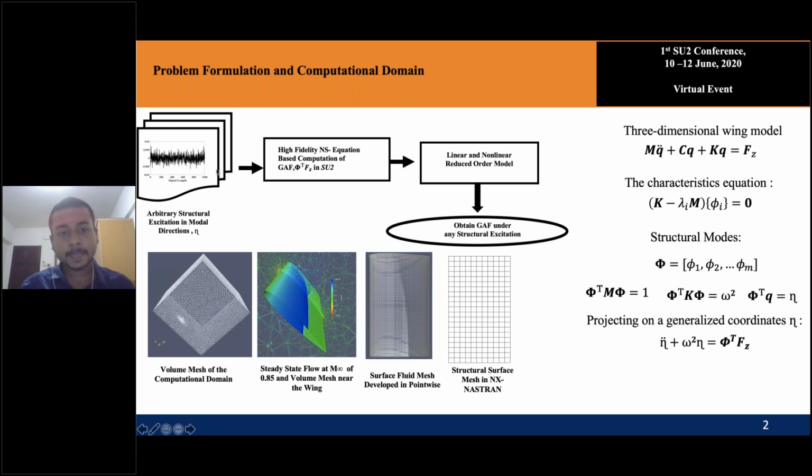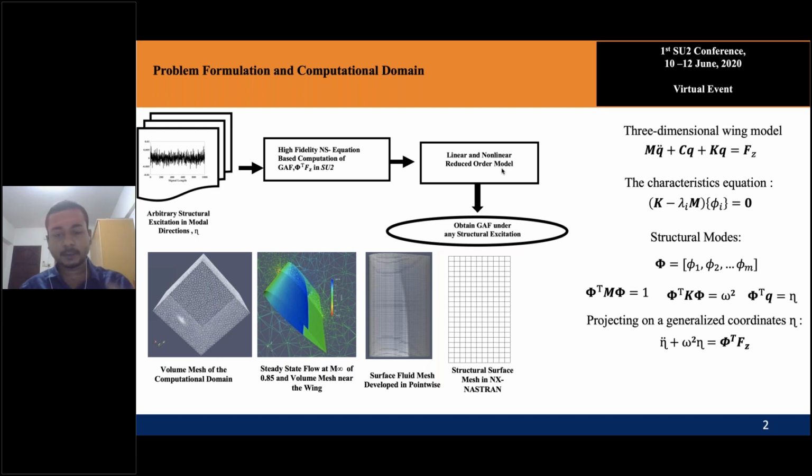Then I have to compute the generalized aerodynamic force, phi transpose Fz, from SU2, which comes from the high-fidelity NS equations. Finally, I have to build a linear and nonlinear reduced order model, which is non-intrusive in my case. Once the ROM is generated, I can give any other input excitation, be it sinusoidal or structural input, and I should get back the corresponding GAF. So that's the whole story.